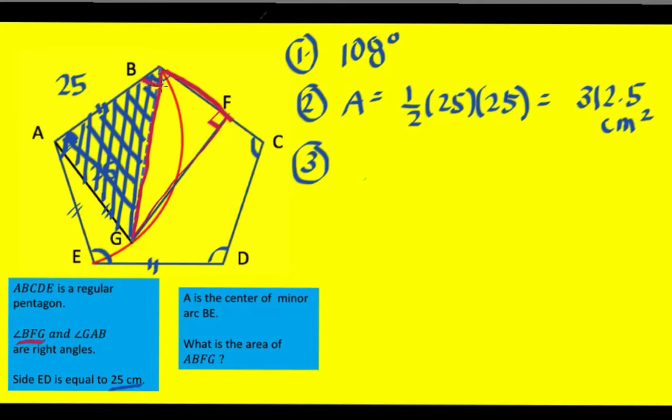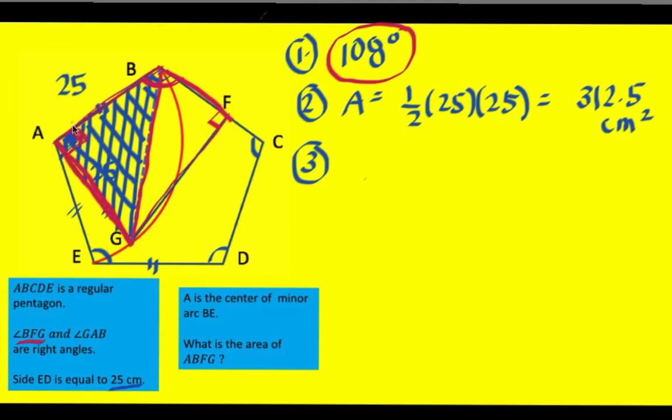We also know that this angle here, which is one of the angles of this pentagon, is 108 degrees. And we know also that this leg is equal to 25 and this other leg is equal to 25 and the angle here is 90 degrees.